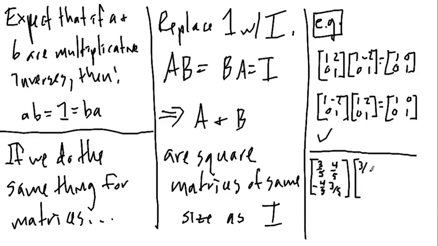In this case it happens to be 3 fifths, negative 4 fifths, negative 4 fifths, 4 fifths, and 3 fifths. And this multiplies out to 3 fifths times 3 fifths, it's 9 fifths, plus 4 fifths times 4 fifths is 16 fifths. Excuse me, you know what, this is a bad example to do.